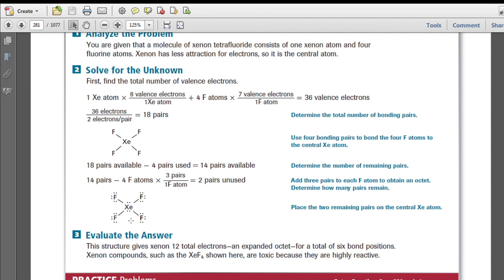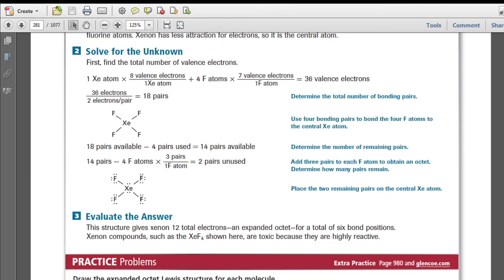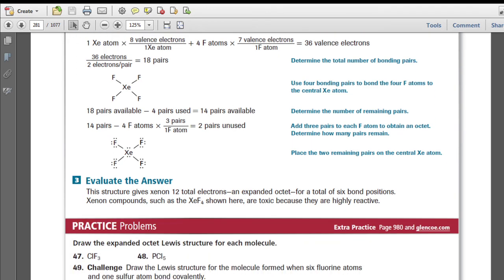So we use 12 pairs of electrons, and we have 2 unused pairs. Fluorine does not expand its octet, so it's just going to stay as is. And these 2 unused pairs are going to go right onto the xenon.